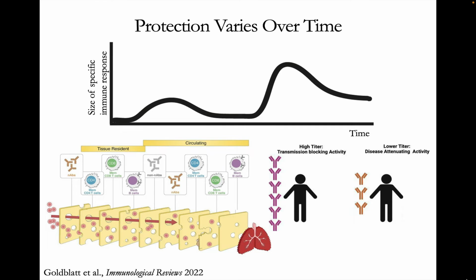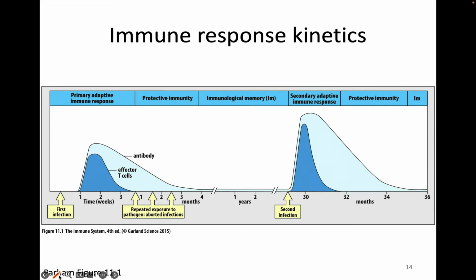Early after infection, your level of antibodies will be very, very high. That might be because you're in this early phase where you haven't yet gone through a contraction phase and you still have a lot of effector cells present.